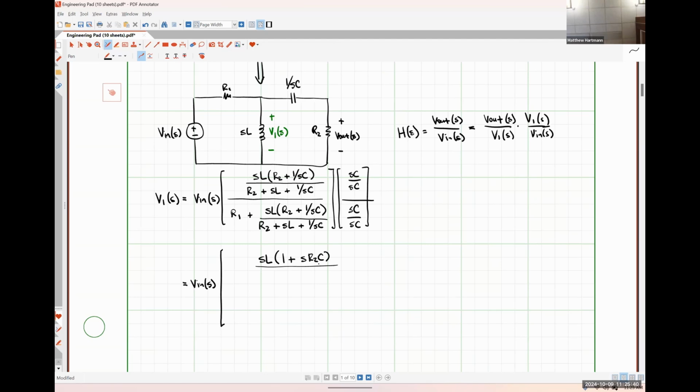When I multiply this SC here through the denominator of my numerator, I'm going to wind up having an S squared LC plus SR2C plus 1.